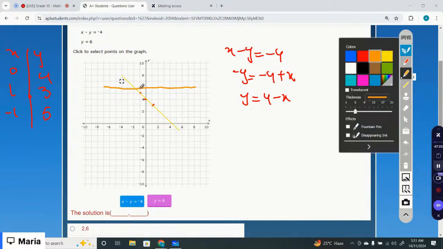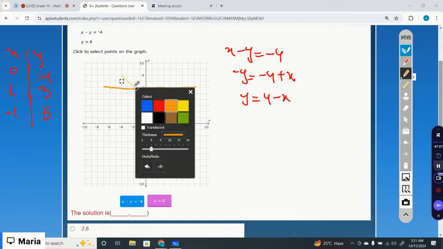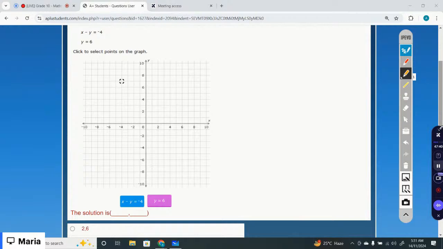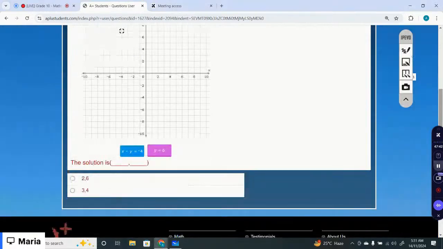So the point of intersection is here. That is x is -2 and y is 6. -2 and 6, right? Here you can match -2 and 6. So option number 2 and 6.